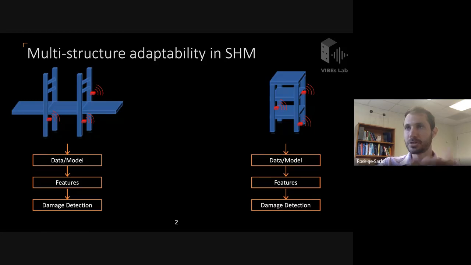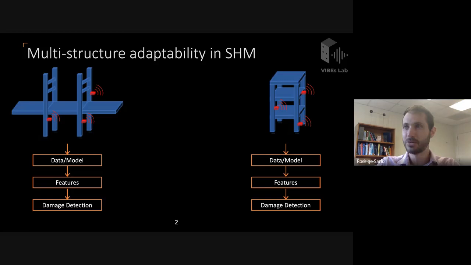There's been an interest in the SHM community recently in designing SHM systems that are adaptable and deployable in a variety of structures or families of structures. That could be as extreme as a bridge and a building, or it could certainly be a set of similar structures.